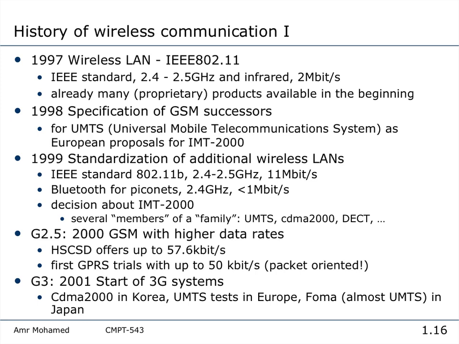So, as we said, wireless LANs start with the objective of data communication, right? And it goes really in overlap with generation 1 and generation 2. In 1998, pay attention to this. In 1998, we have the first specification for a GSM successor. So what happens here is that the IMT 2000, which is part of ITU, started to put some requirements specification.